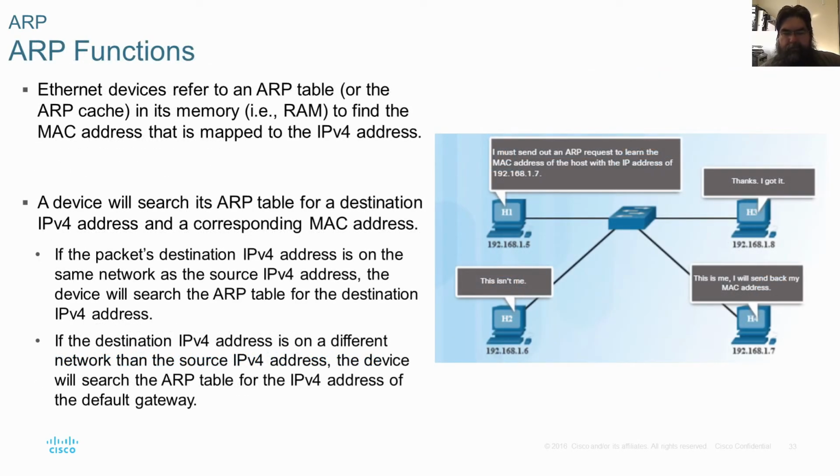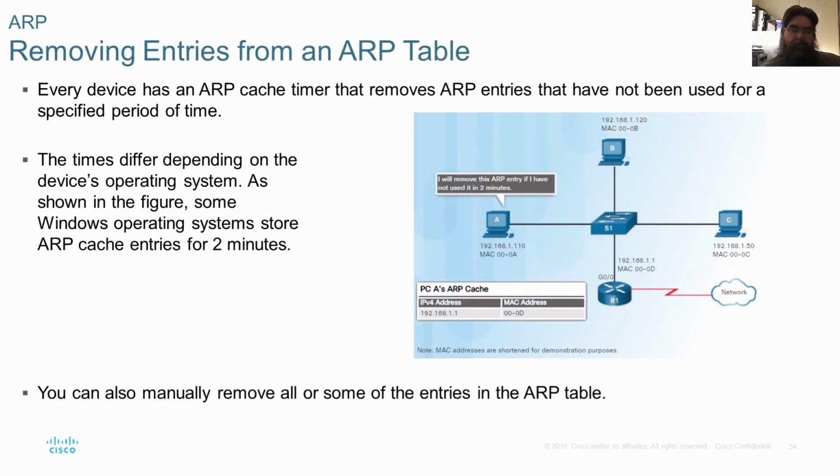If it is the IP address that the device is looking for, it will send a reply back to the ARP sender saying this is my MAC address. And if it is not on the same network, the gateway will send back a reply saying this is the MAC address to send that IP address traffic to.